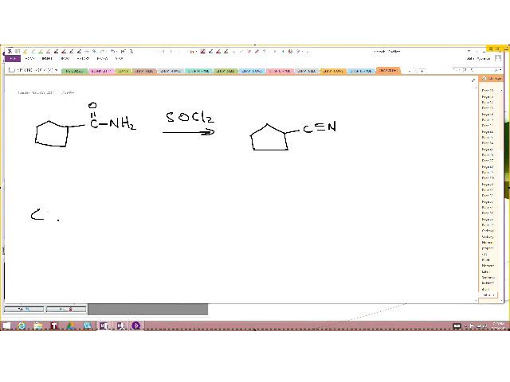Or we could take this amide, thionyl chloride. Here I get the butanenitrile.